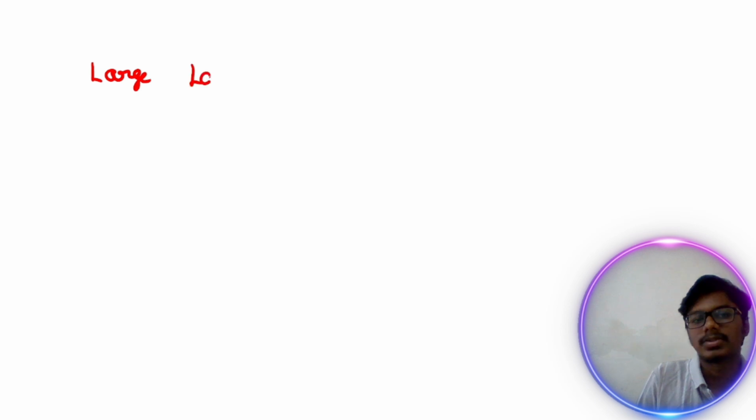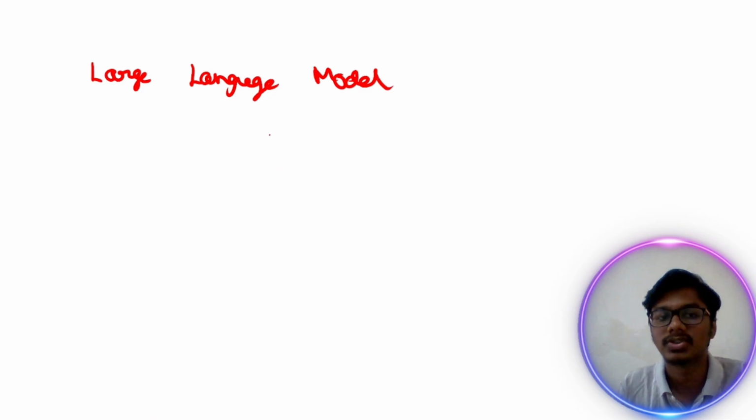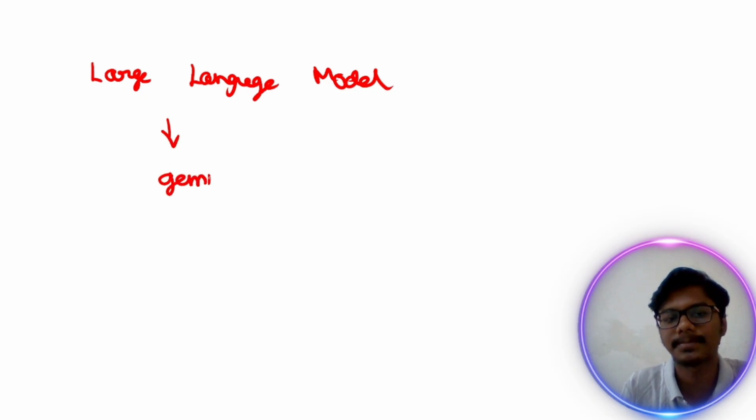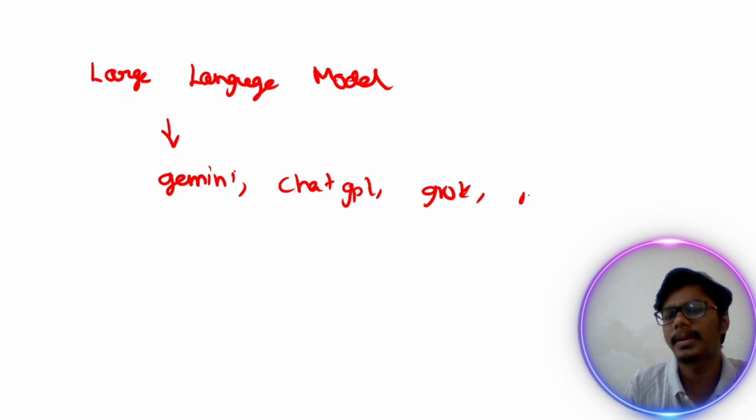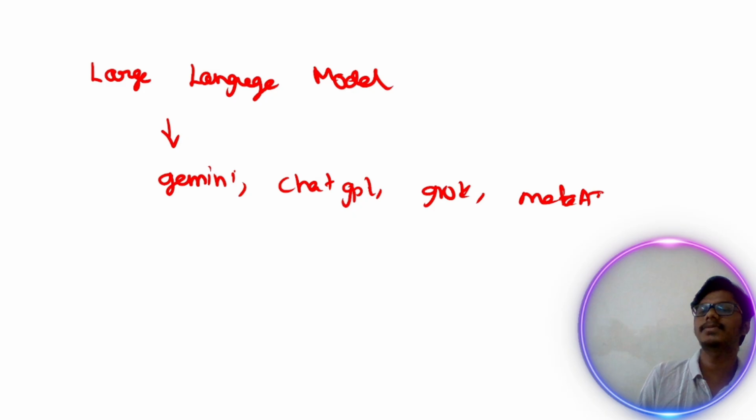LLMs are nothing but large language models. What is meant by a large language model? We use them day by day. Examples of large language models are Gemini, ChatGPT, Grok and Meta. There are a lot of large language models we are using day by day.